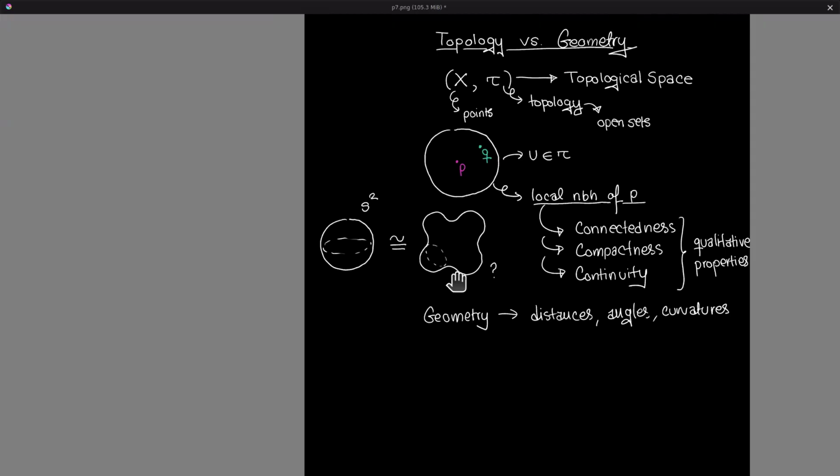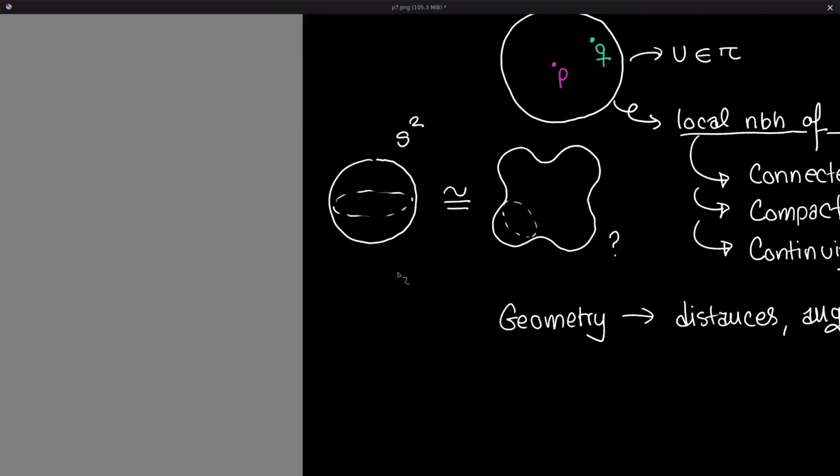So what we say is that these two spaces are homeomorphic to each other. And what homeomorphic means is that to a topologist, their structure is the same.